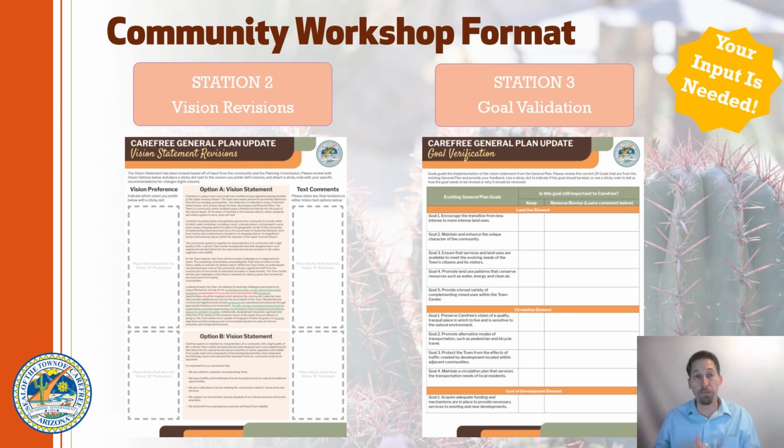Station 3, goal validation. As I mentioned before, this has all of the goals from the current general plan organized by chapter. And we're just asking you to help identify what you think should be kept, removed, or revised.